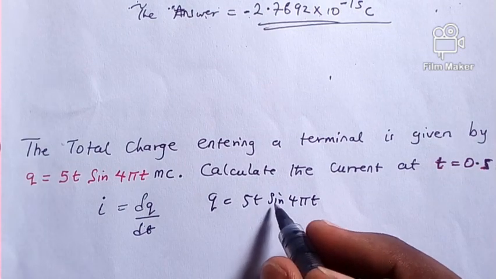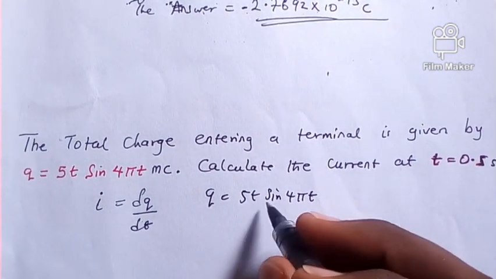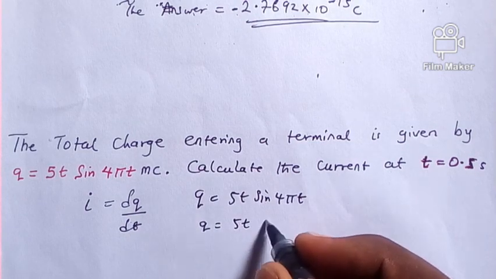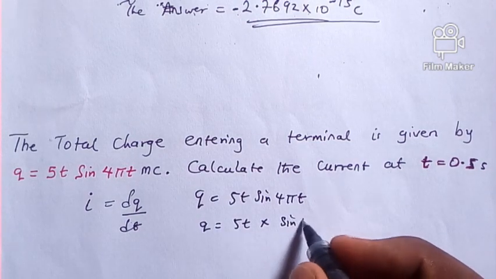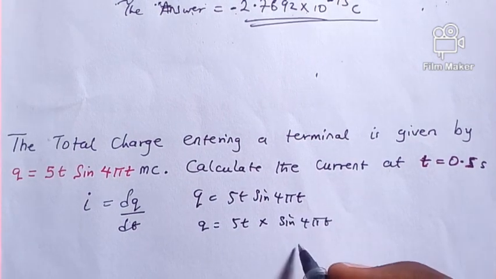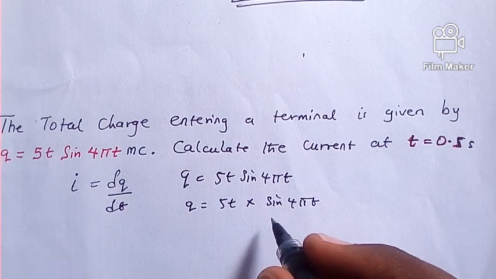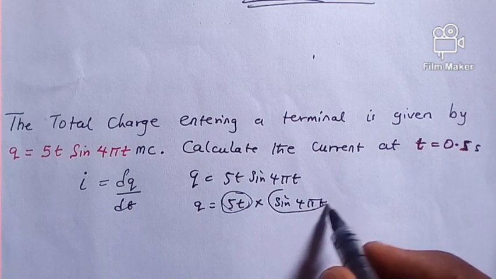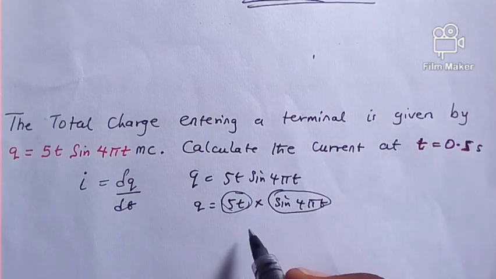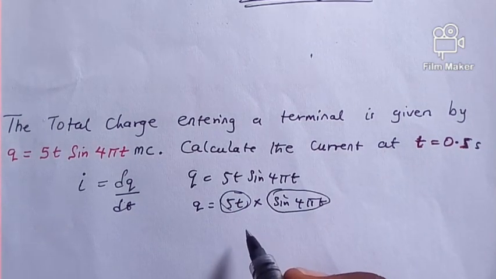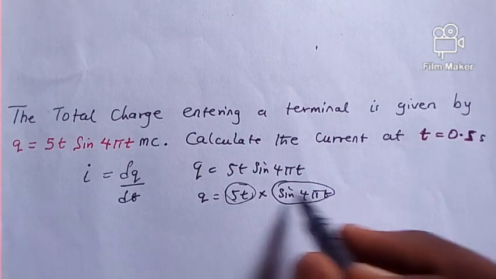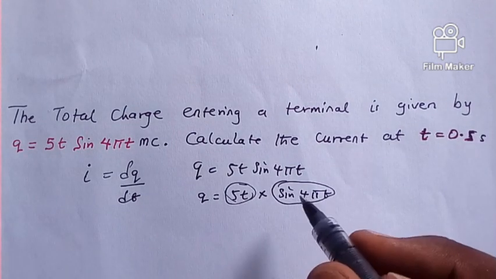I can write this as Q equals 5t times sine 4 pi t. What does that tell you? I have two functions, 5t and sine 4 pi t, and there is an area of differentiation that allows us to handle this very easily.